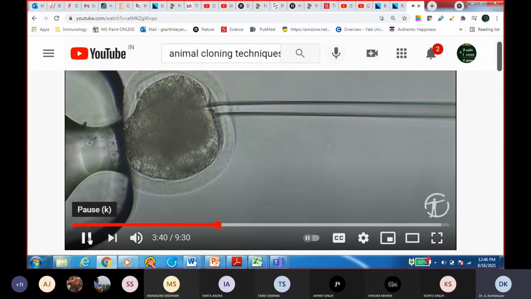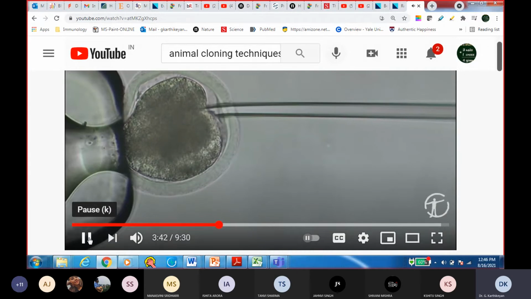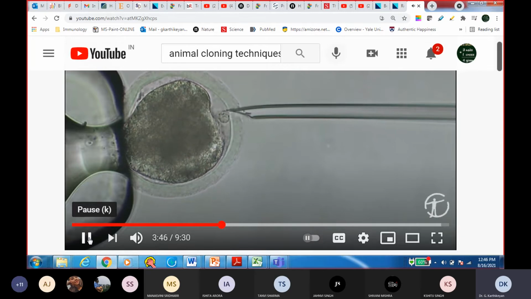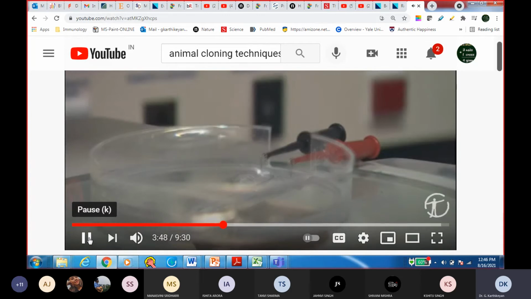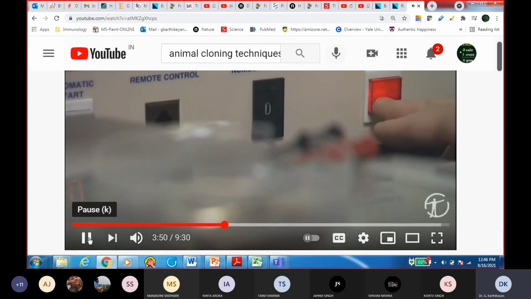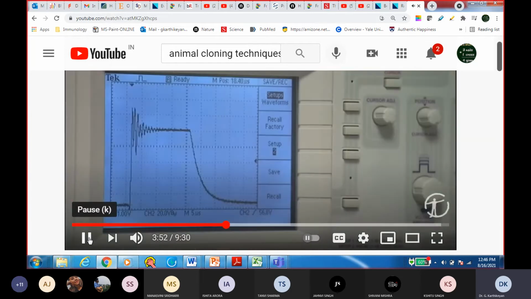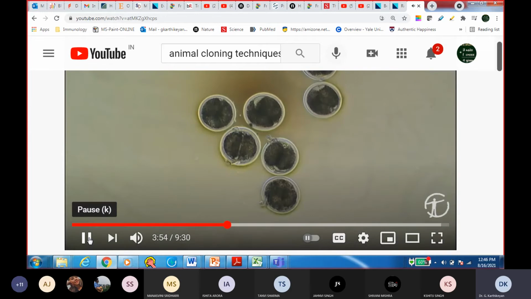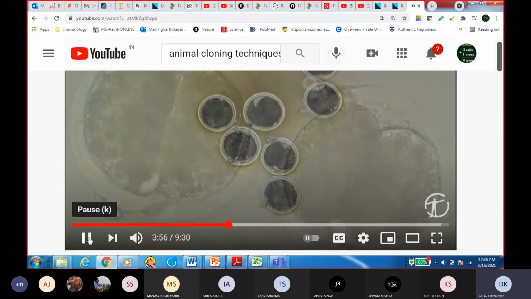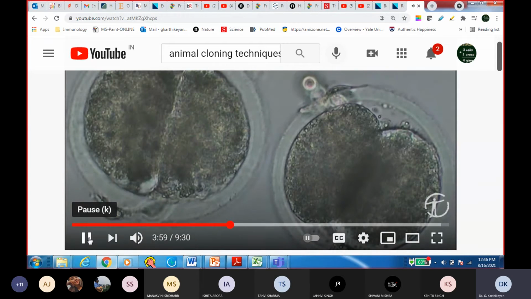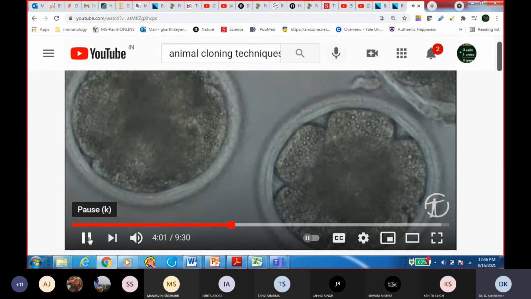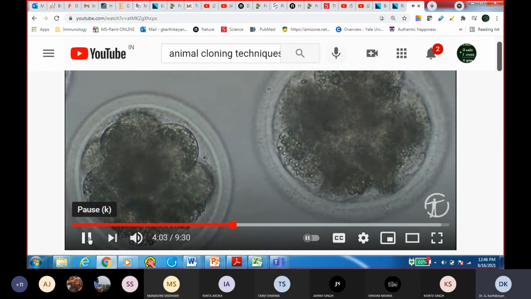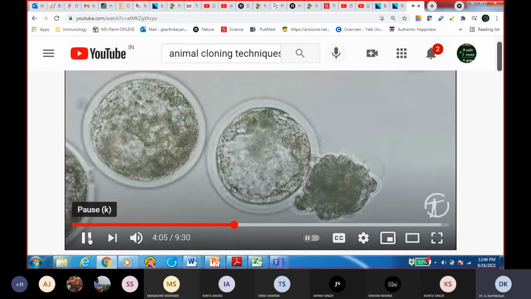Placed that cell into the egg. Applied an electrical pulse which allows the two components to fuse together. We then apply some chemicals that induce what we call fertilization events, and that embryo then starts to divide. We keep those embryos in culture for 7 days.